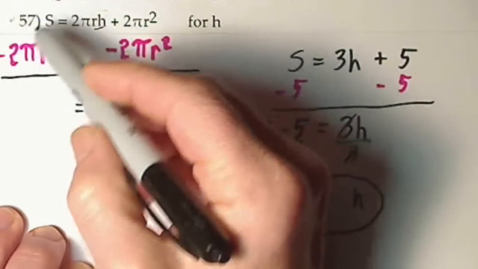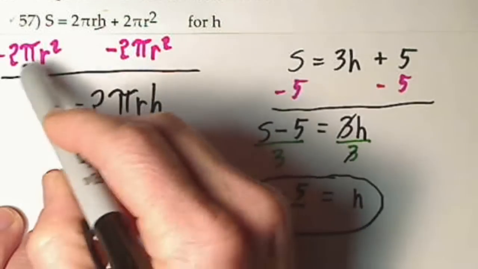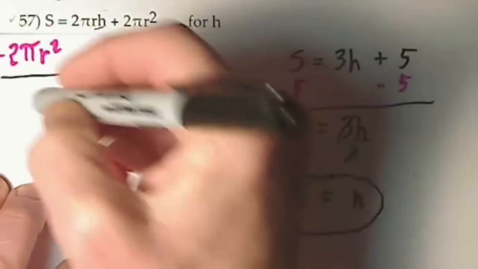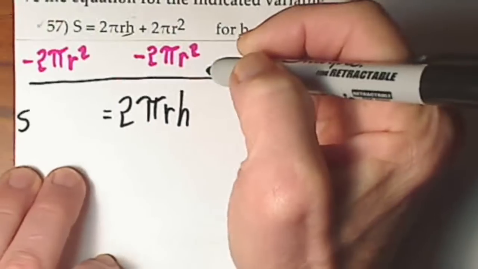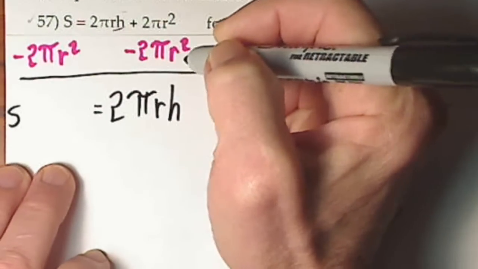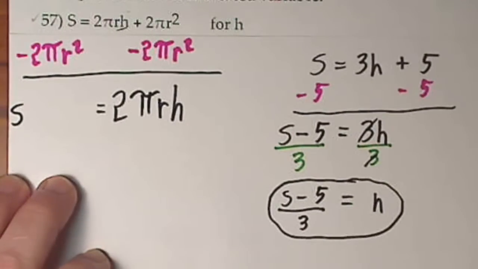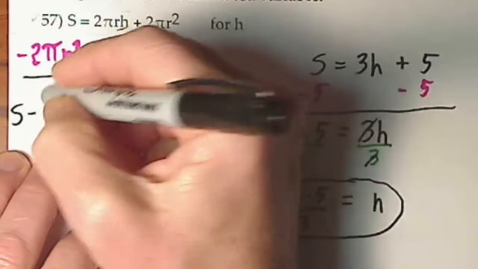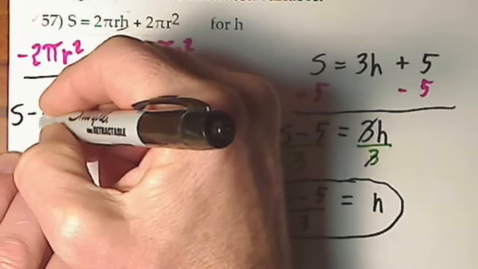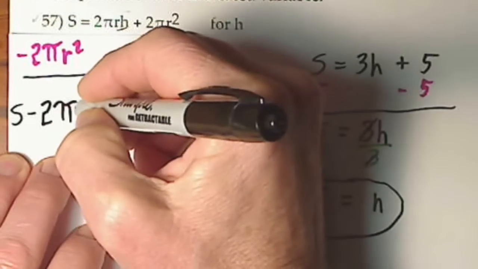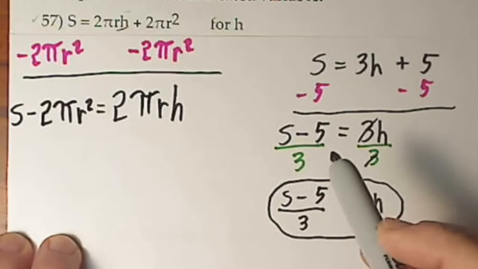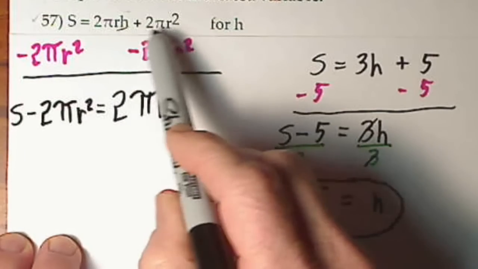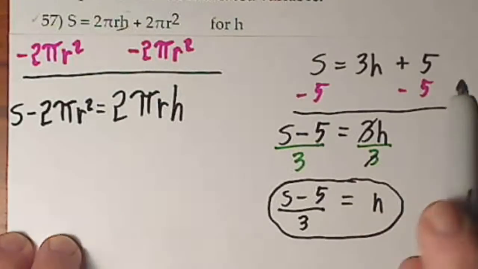And if I have s minus 2 pi rh, these are not like terms, so all I can do is write s, hopefully, oops, sorry, I'm kind of off the screen here, minus 2 pi r squared.